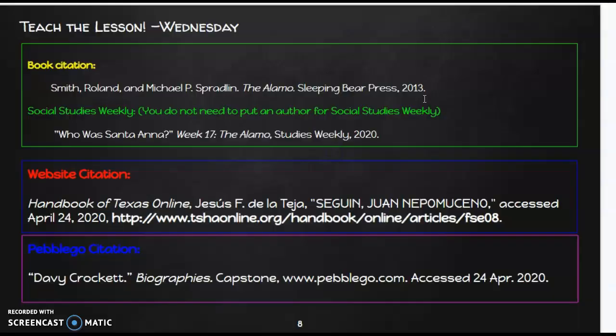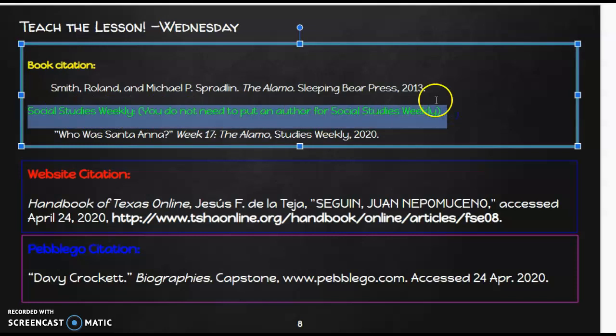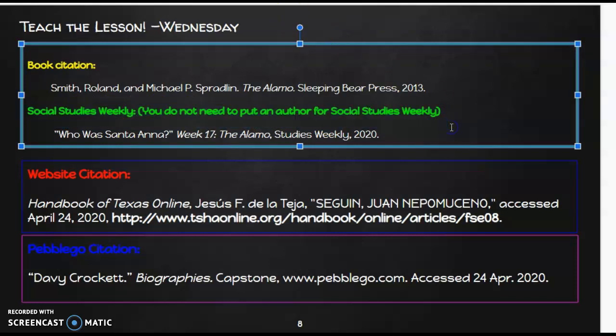So one last thing I wanted to show you is I updated one thing in the book citation. I also put in a citation example for Social Studies Weekly because I know several of my students used Social Studies Weekly as something to help them. So this is exactly how you would cite Social Studies Weekly.